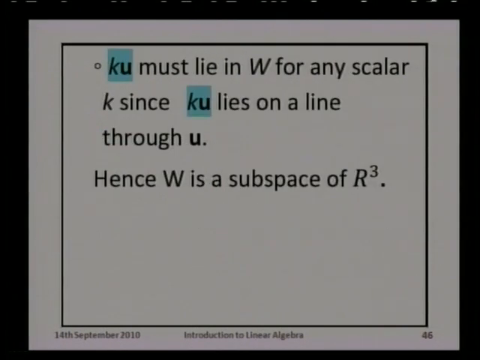And if you multiply any scalar to a vector in W, you will get ku, which also lies in W, because by multiplying by k we are not changing the direction, and therefore it will lie inside the plane W, and it passes through the origin because u passes through the origin. So W is a subspace of R3.